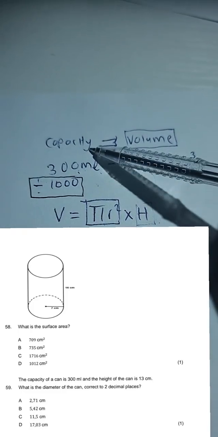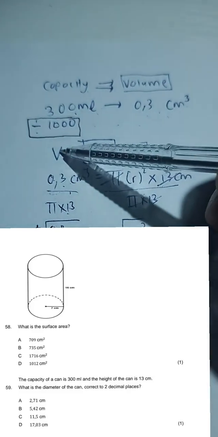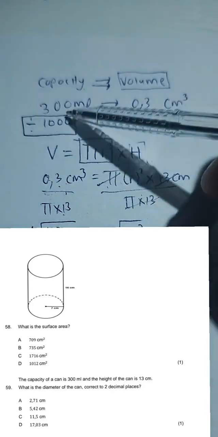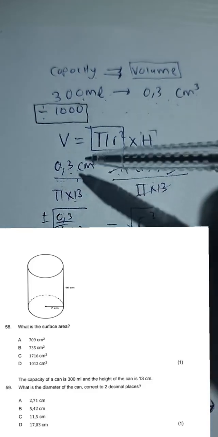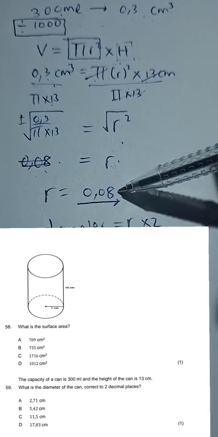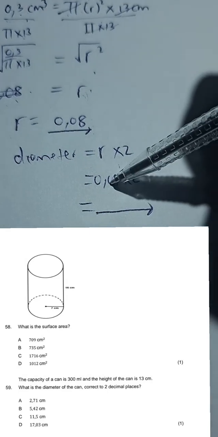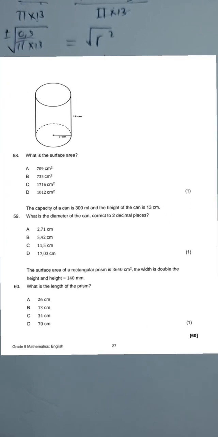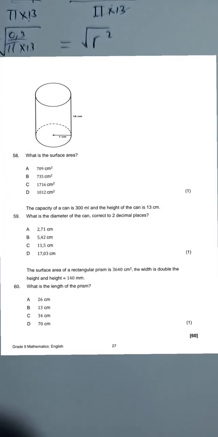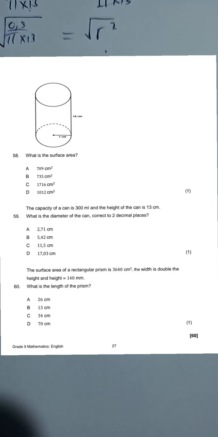I substituted the volume that we had then gotten, which is 0.3 centimeters cubed, into the formula. We got a value of R, which is 0.08, and then when we multiplied this 0.08 by 2, we got an answer which was not listed in the options for question 59. And so that meant something had gone wrong, or something we had not done correctly.